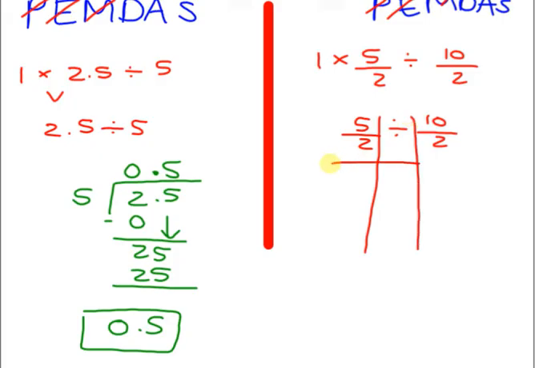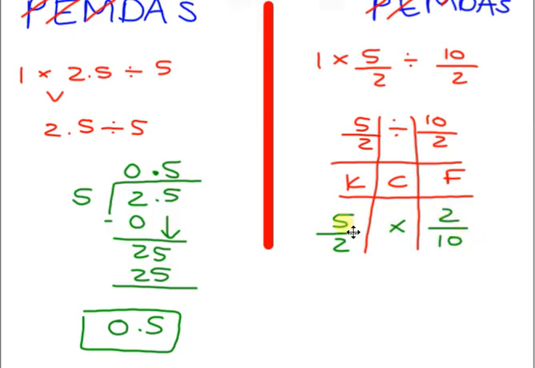Keep, change, flip. Keep 5 over 2. Change division to multiplication and flip this to 2 over 10. 5 times 2 is 10. 2 times 10 is 20. So I have 10 over 20.